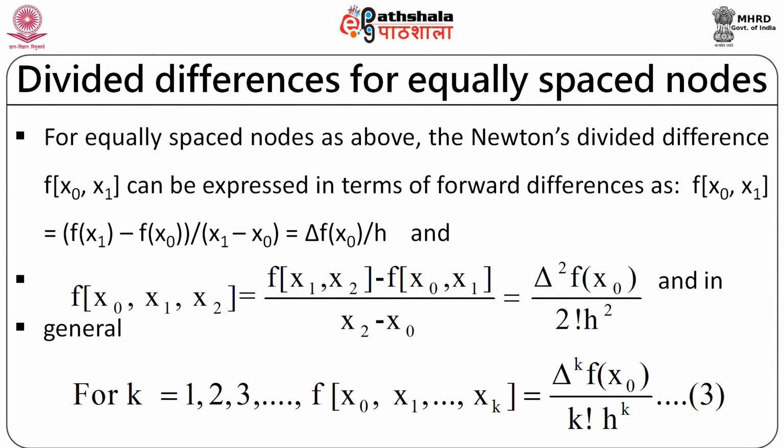So, this formula helps us to convert the Newton divided difference interpolation formula into the forward difference interpolation formula, and that is why this conversion from divided differences to forward differences is considered.